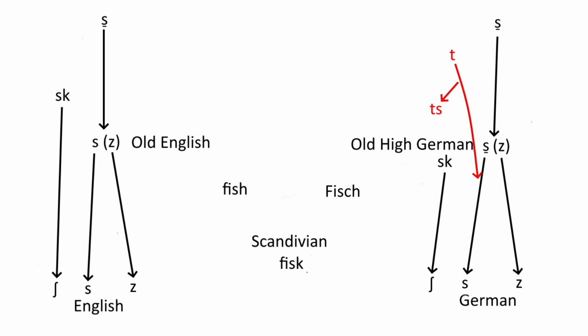German also turned an s into a sh before a consonant, still sometimes spelled with an s. Compare stone with Stein. English eventually turned si and zi into sh and zh, as in shore or vision. So English has a zh sound, while German doesn't.